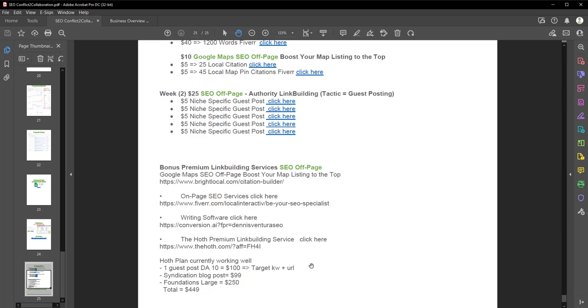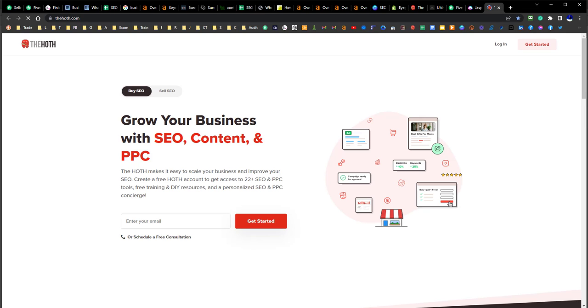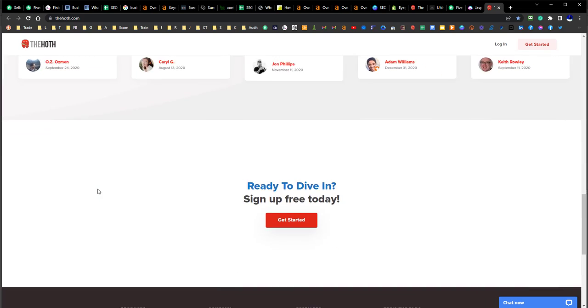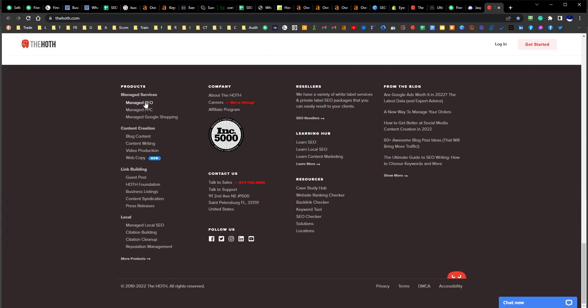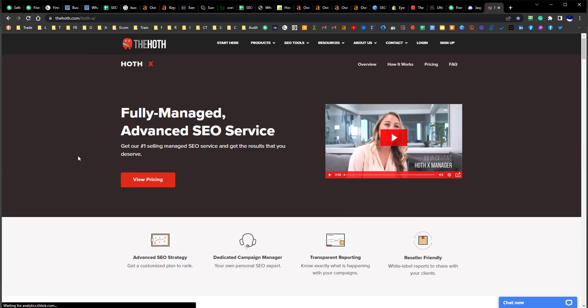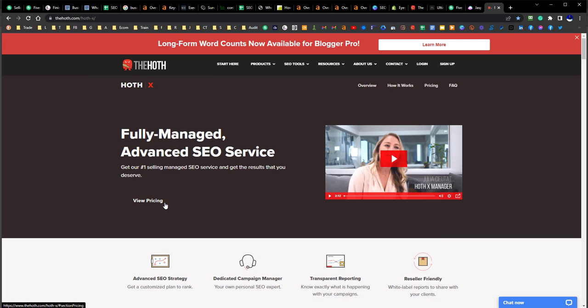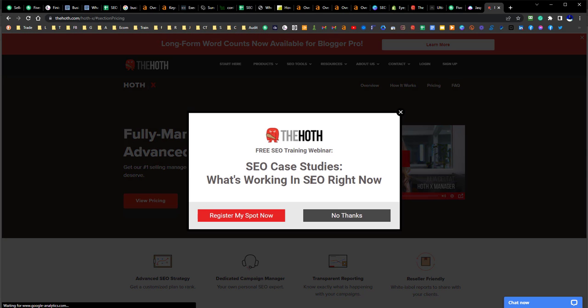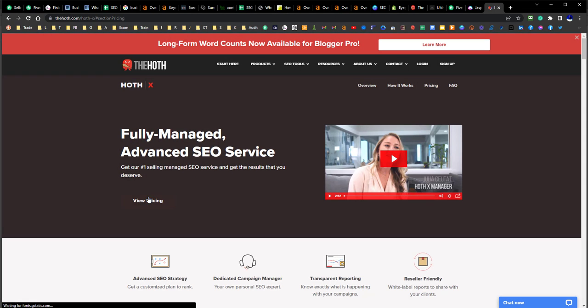So then the next step would be to have some form of link building campaign. For that, I would recommend the Hoff. They're free to set up an account, and they even have a self-managed PPC SEO campaign where they will give you a manager and have them manage the campaign for you in terms of what would be the best link building campaign for you.